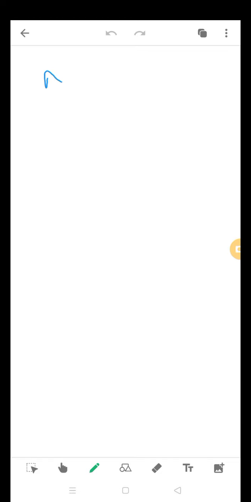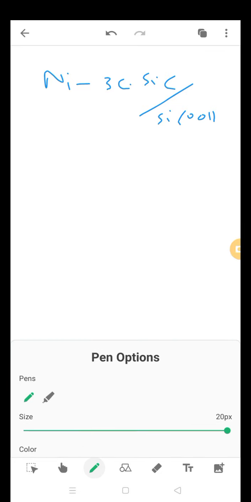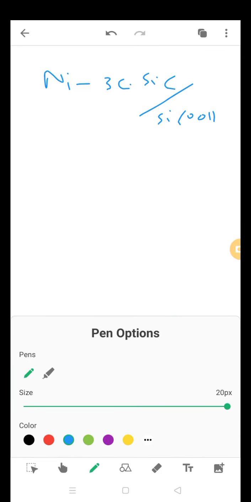So we have a nickel mask on 3C-SiC, which is deposited on silicon 001, and then the process of reactive etching takes place.